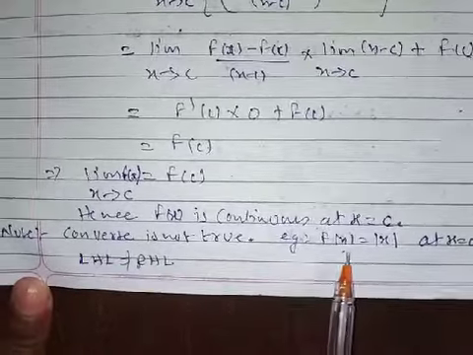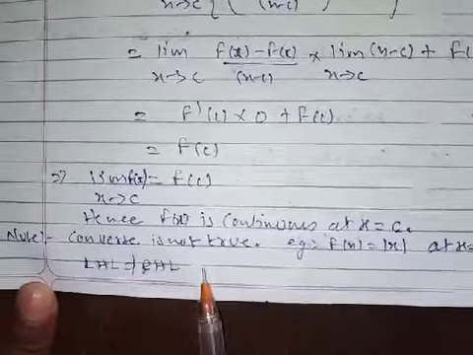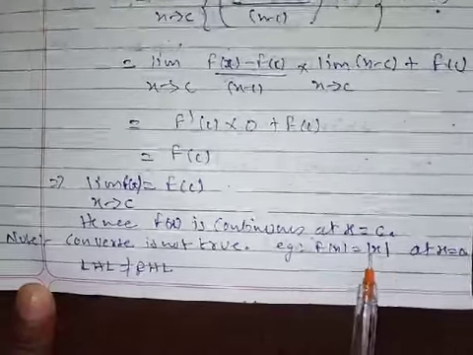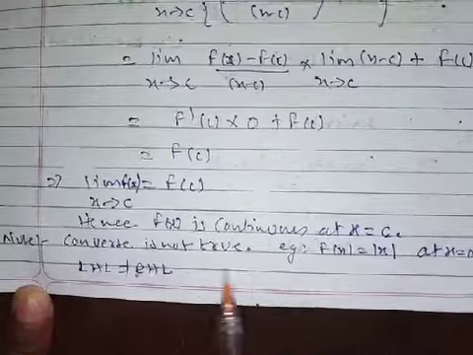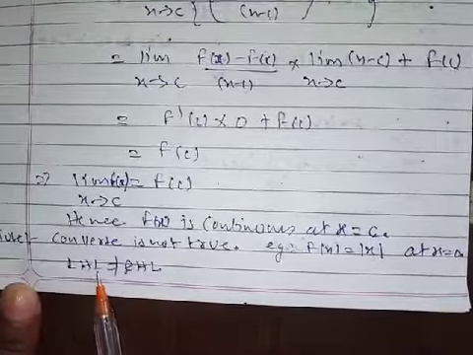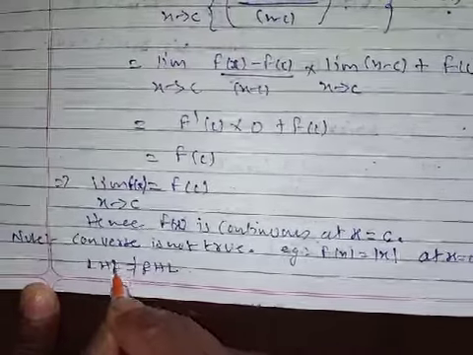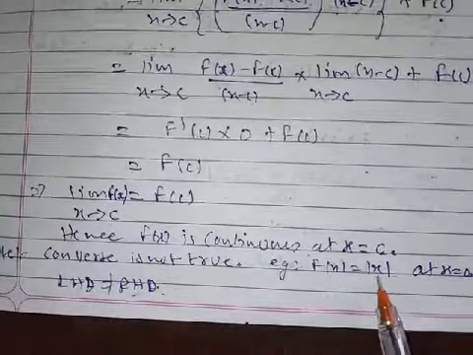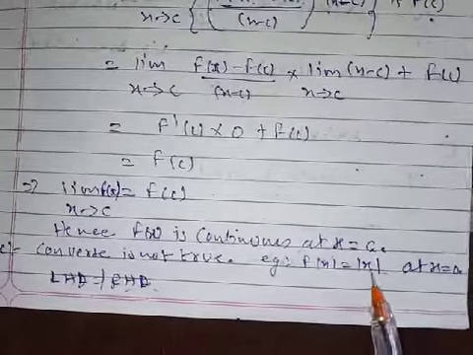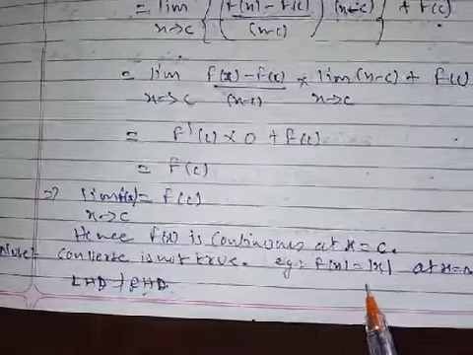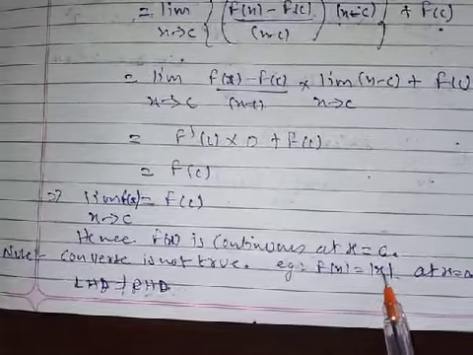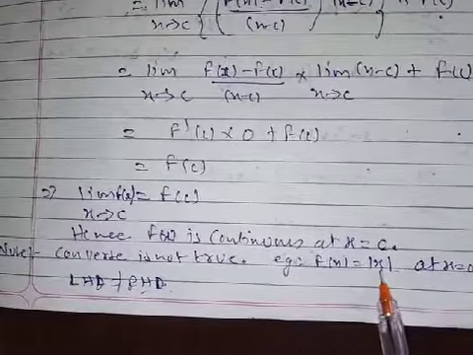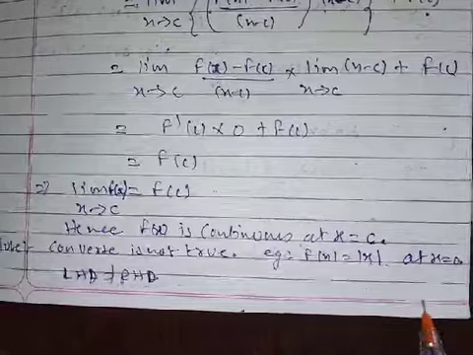You can prove that a function is continuous, but it is not necessary that it is differentiable. You know that mod x is always continuous. But if you take LHD and RHD, they will not be equal, because mod x can be defined as minus x when x is less than or equal to 0, and is equal to x when x is greater than or equal to 0.